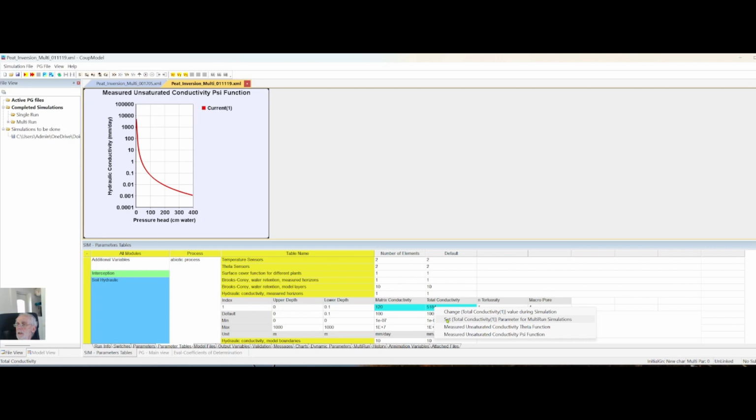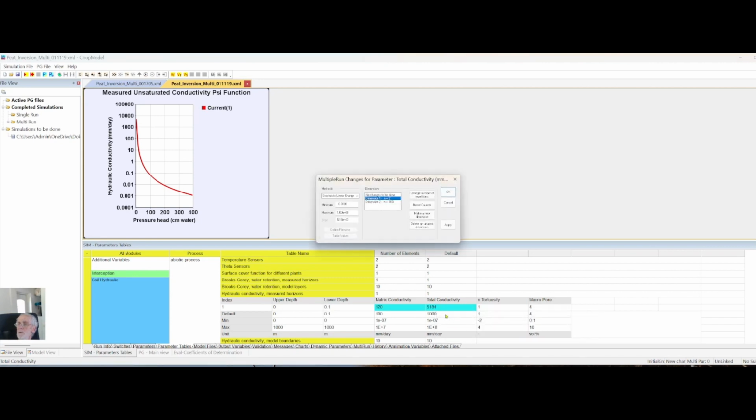We select that for the Multirun simulation, and we can take a range from maybe 150, and we had more than 5,000 before. Maybe I think 5,000 is enough. So that's my new suggestion for this hydraulic conductivity, and we put that into dimension number 2.